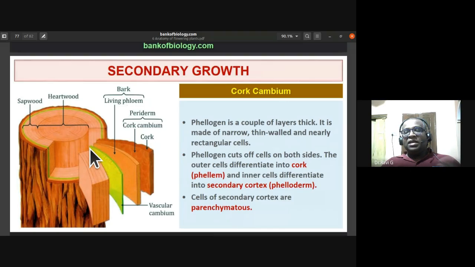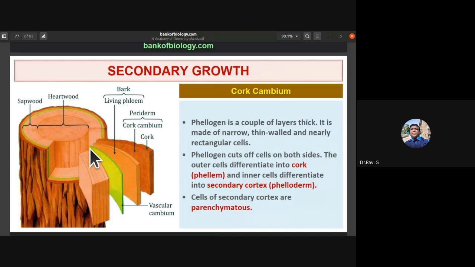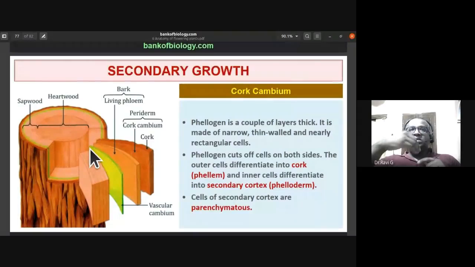As I told you, I remember it as PG, phellogen. I put an arrow mark above, so towards the outer side they produce PH, which is nothing but phellem or cork, and towards the inner side I put an arrow mark and write PD, which is nothing but secondary cortex or phelloderm. That is how you remember it.